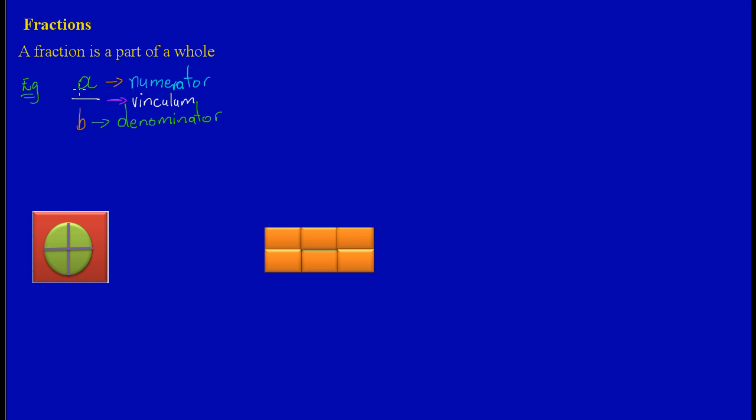So the number at the top is called the numerator, the line that separates the numerator and the denominator is called the vinculum, and the number at the bottom is called the denominator.